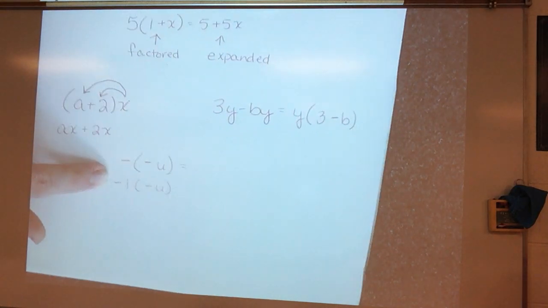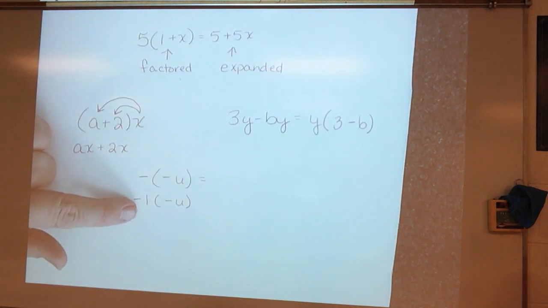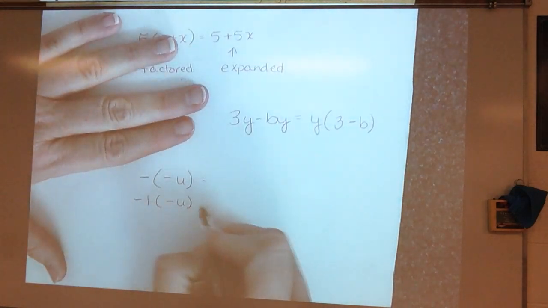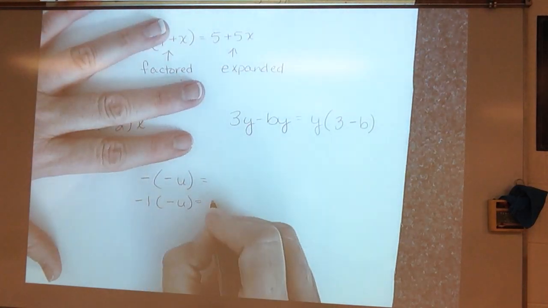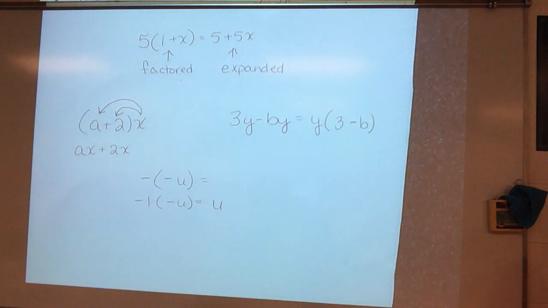All right, that is the exact same thing as saying negative 1. So if I say negative 1 times negative u, well, negative times a negative is a positive, and 1 times u is u. All right? So take a few minutes and look through those properties. We're not going to spend a whole lot of time on them because we have a lot to do.